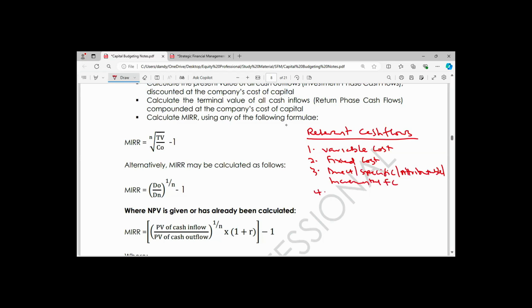Four, depreciation or amortization or provision.